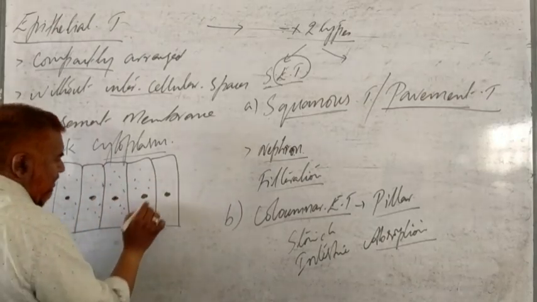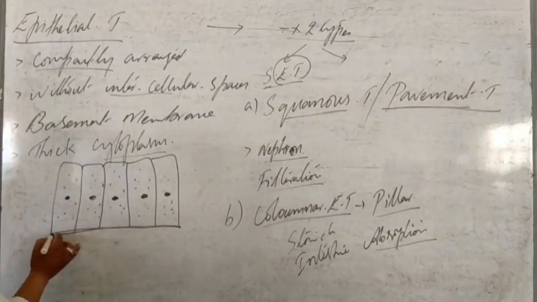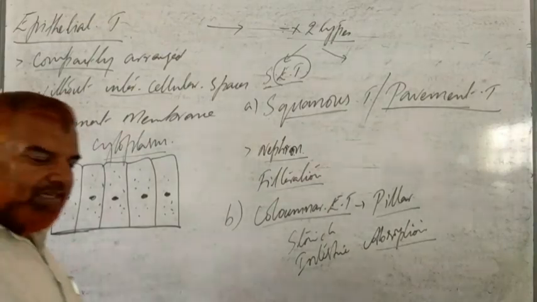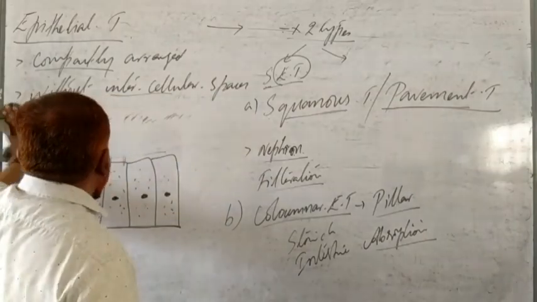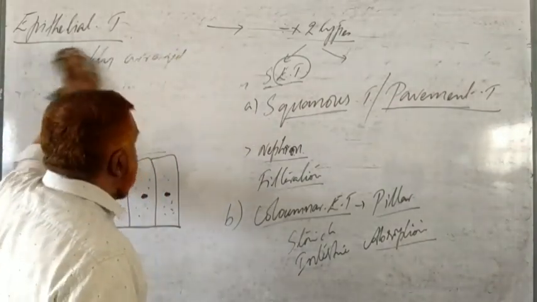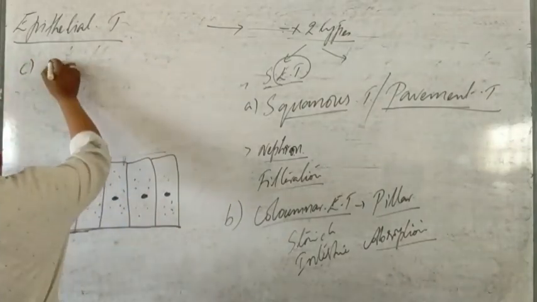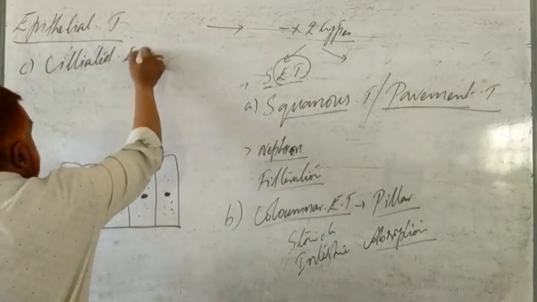So this is the basement membrane. This columnar epithelial tissue is a little modified in other places of the body. The third type is known as ciliated epithelial tissue.